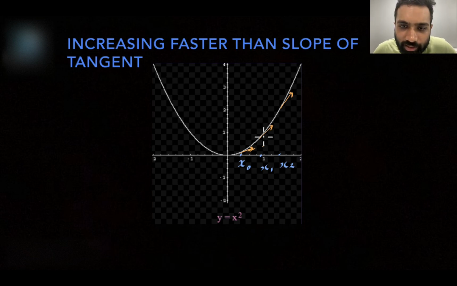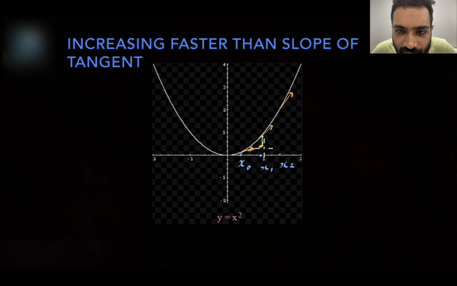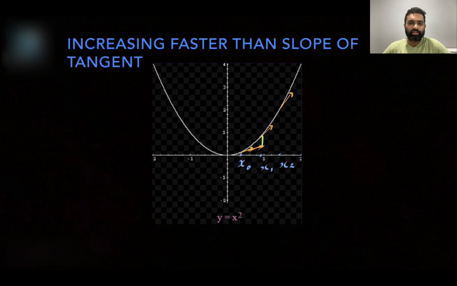This particular difference, let me indicate using the green line. So this is a linear approximation of the function at x1, and the difference between the linear approximation and the actual function value I have indicated using the green line.